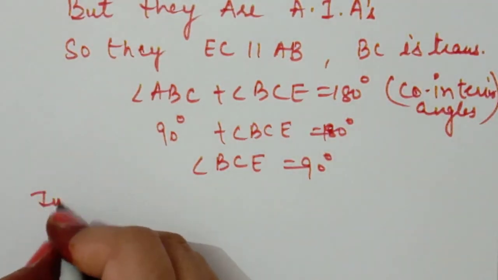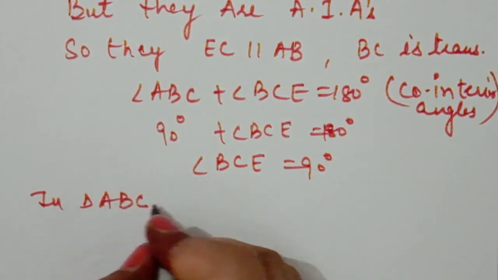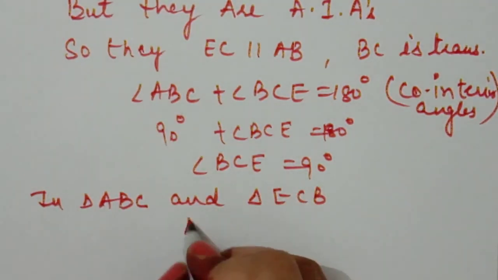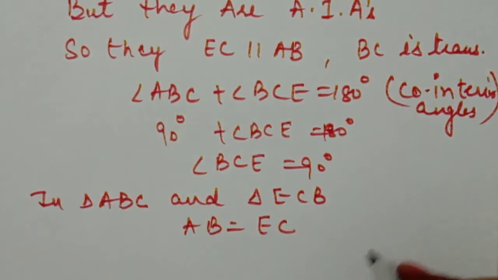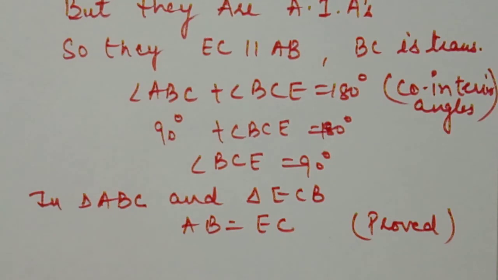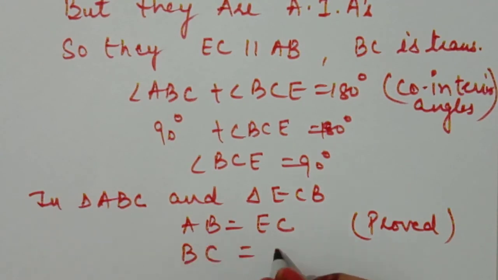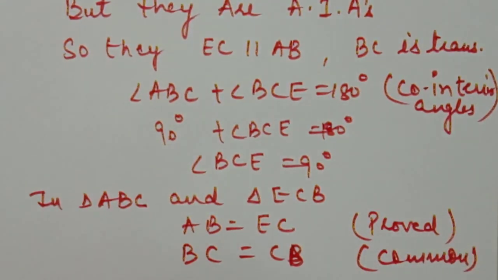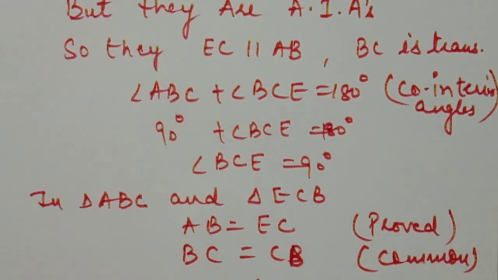Now in triangle ABC and triangle ECB, AB is equal to EC, proved above, because we chose this relation as CPCT, and BC is equal to CB, common, and angle ABC is equal to angle ECB, 90 degrees each.